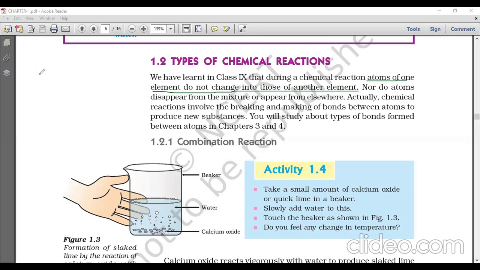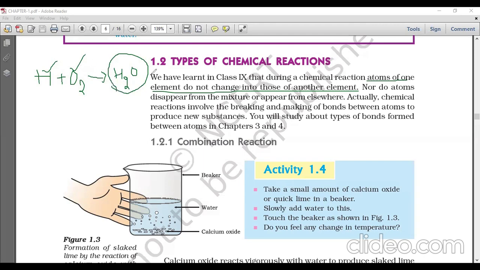Suppose we all know that hydrogen plus oxygen gives rise to H2O, water. Here there are two different atoms: the hydrogen atom is different, and the oxygen is different. Finally we get the product, water.